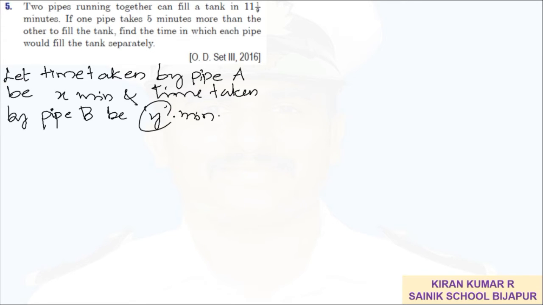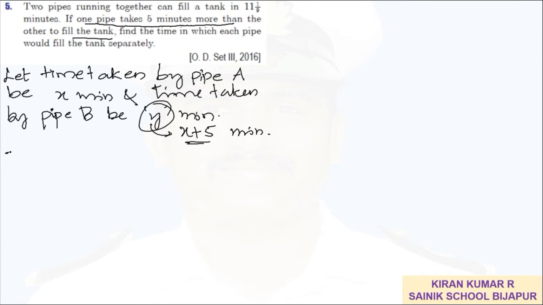Here this y I can write as x plus 5 minutes. The reason is they have given that one pipe takes 5 minutes more than the other, so I have taken x plus 5 minutes.